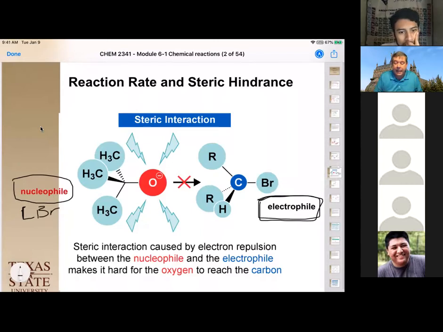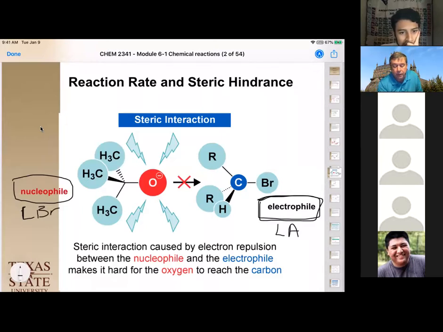They are Lewis acids, okay? Meaning they lack electrons, or they have a partially positive charge somewhere on the molecule. And so when a nucleophile comes in to interact with an electrophile, and in this case, we're doing it in a one-step reaction, it has to come in opposite from where the other group is going to leave.